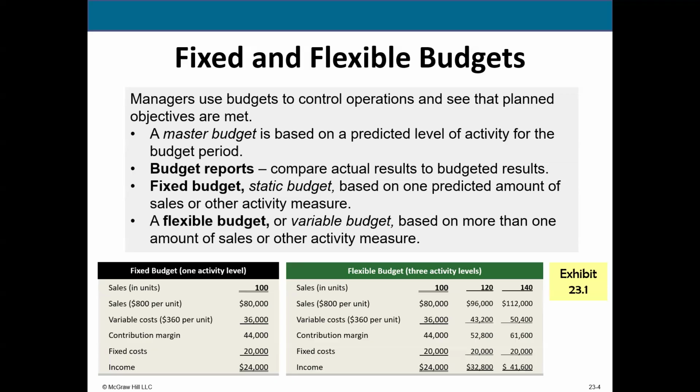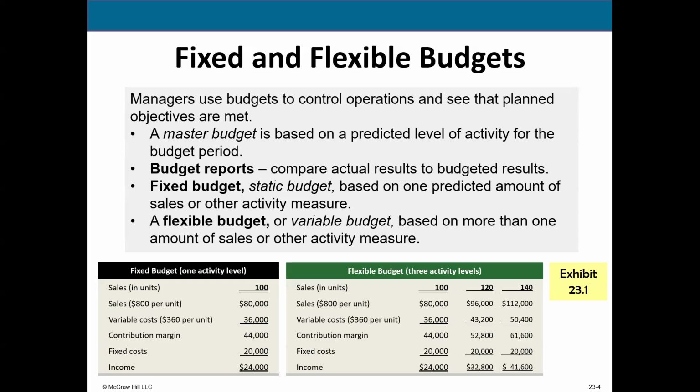It does not provide any ability to be close to the actual performance. So if we're over or under, for certain line items we're favorable or unfavorable.